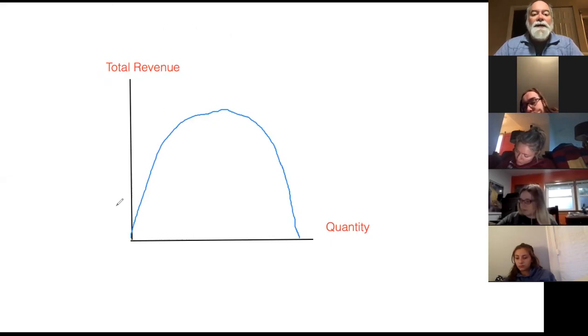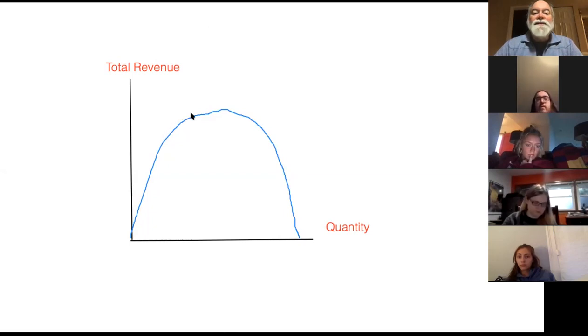Okay, right? So revenues go up and then they go down. Now if you think about this, you can see what's actually going on here. At first, it takes a small decrease in price to cause a big increase in quantity sold.